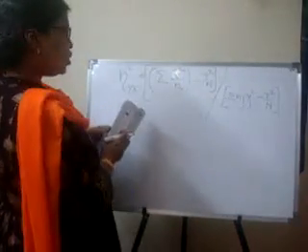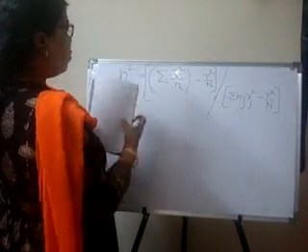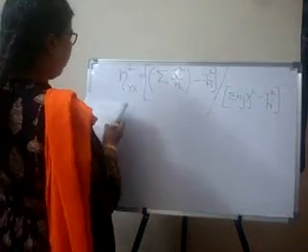Now we substitute the values here. What are the values we are going to get with it?